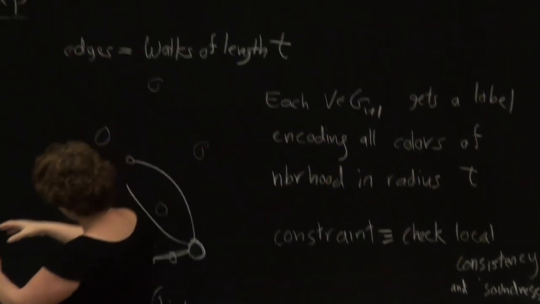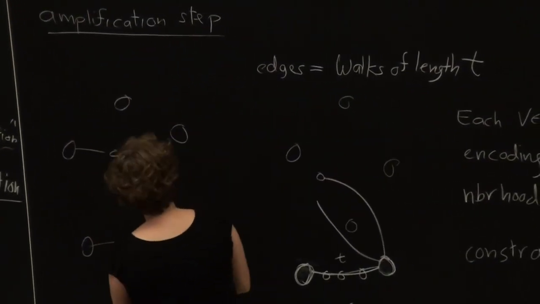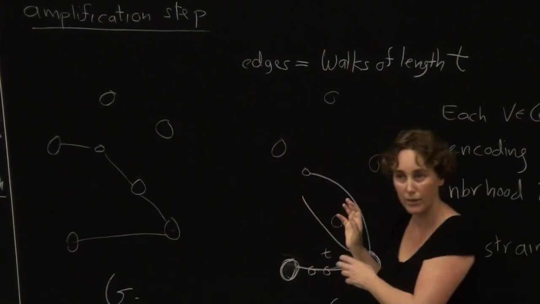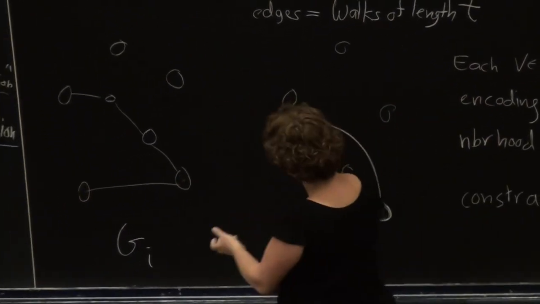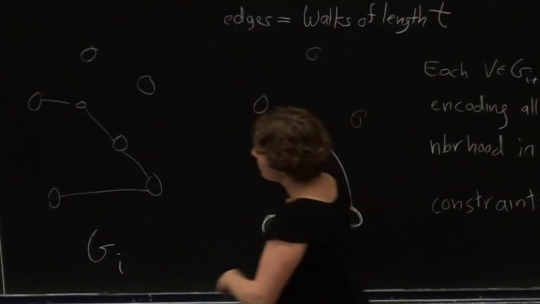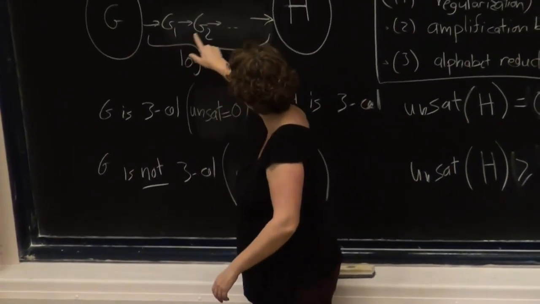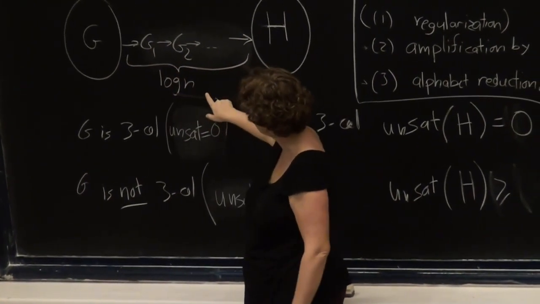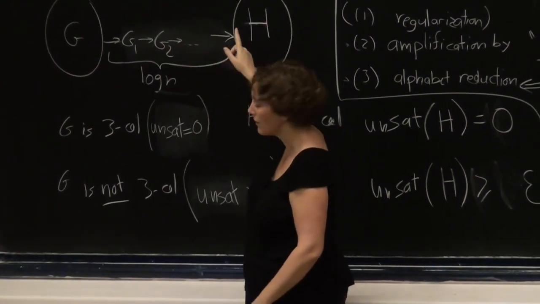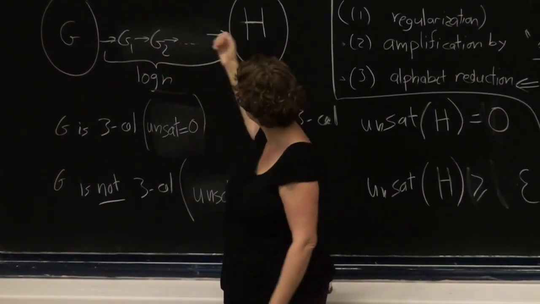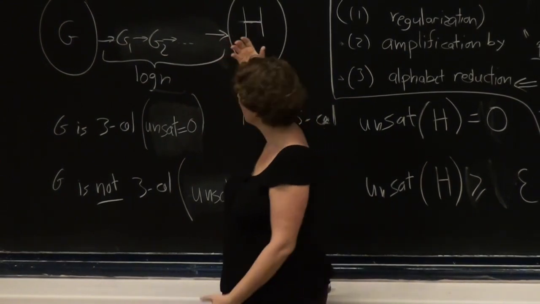If you took G squared in the parallel repetition from a set of n vertices, you would wind up with a set of n squared vertices, and you would double the gap, just like we do here. But if you want to double the gap, you need to run logarithmically many times. And you can't afford to square the size of the instance logarithmically many times, because then you would wind up with n to the power of n as your size.